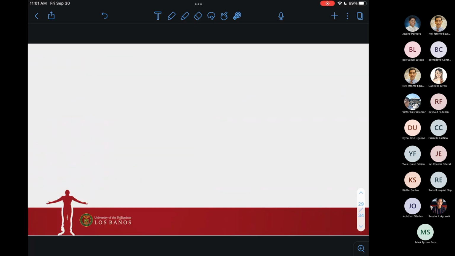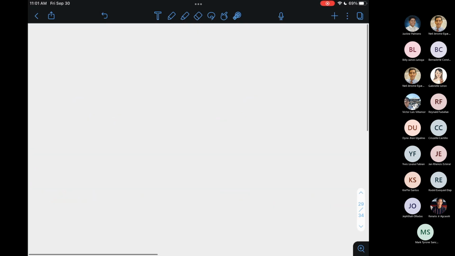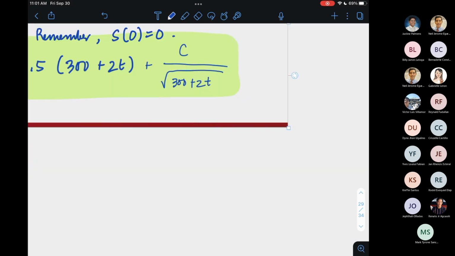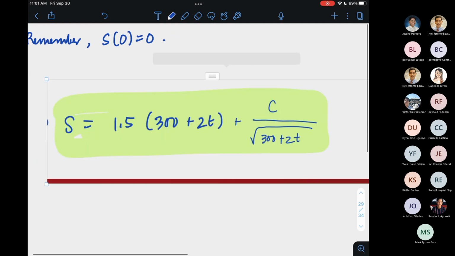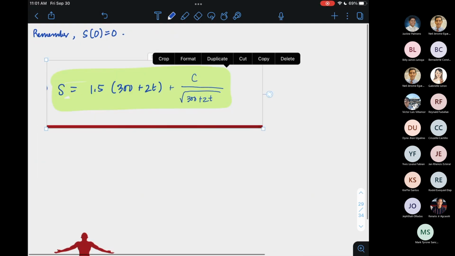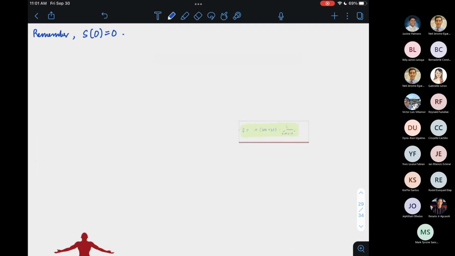But remember, we have the initial condition. So remember, we know that s of 0 is equal to 0. So that means, paste ko yung aking solution. Oops, laki pala niya. Okay, there we go.